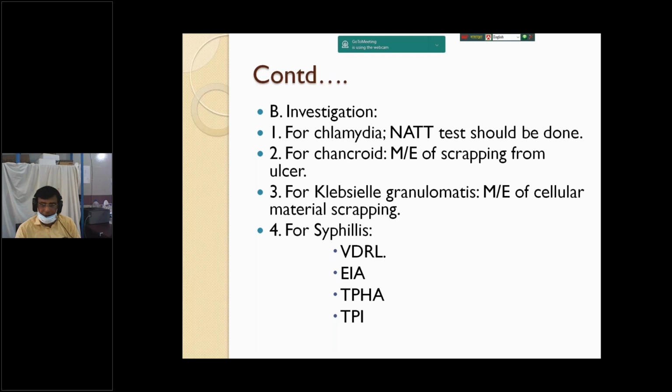For Klebsiella granulomatis, we can do microscopic examination of the cellular material from the scraping. And for syphilis, non-specific test VDRL, and for specific test, enzyme immunoassay, TPHA, and TPI. These are the investigations for syphilis.